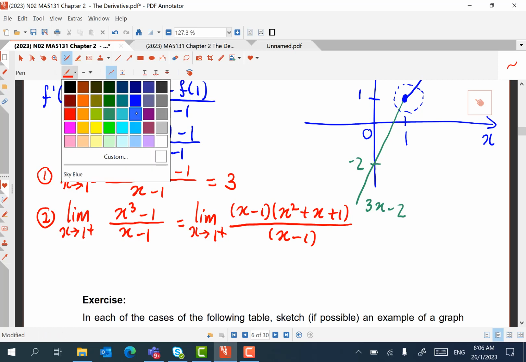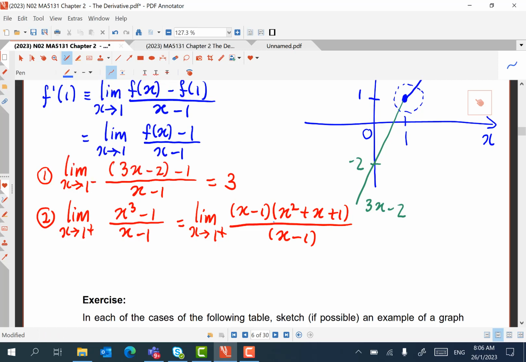By the way, tomorrow is the grade task 1, you know.